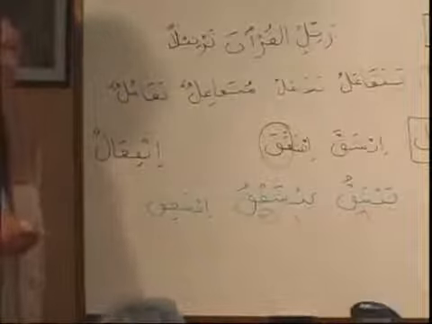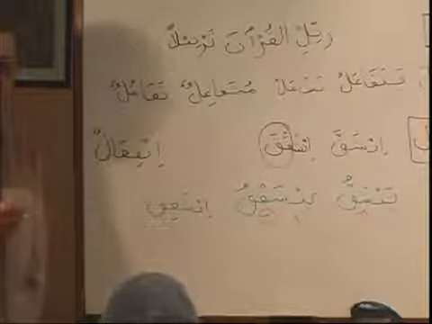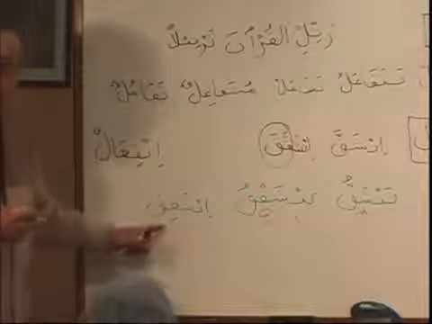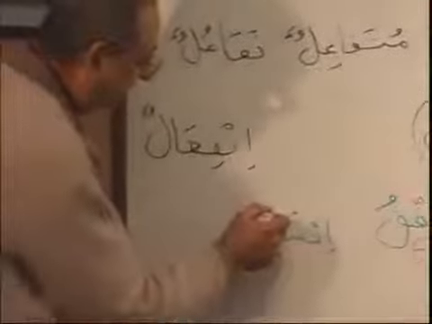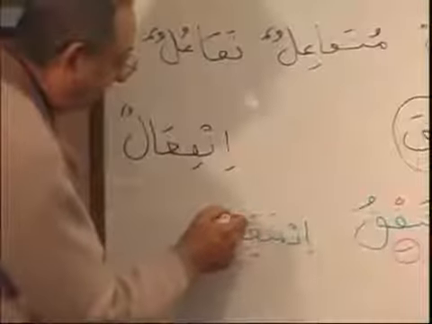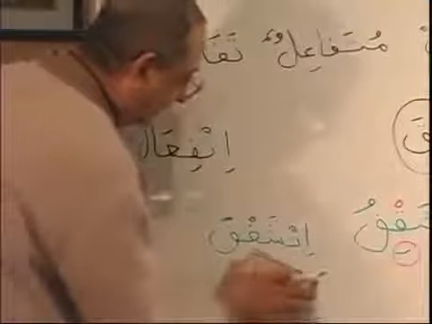It will be like this: inshakik. This is how we make amr. And then we change it into inshakka. Again, the vowel signs will be changed, and we'll give fatha here: inshakka. Are you with me, brothers and sisters?